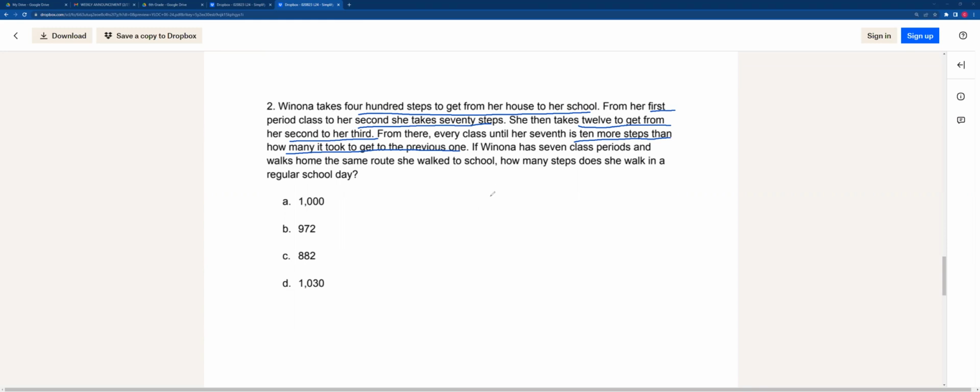So 400, and then first period to her second period 70, and then she takes 20 to her third. And it's 10 more steps than the previous one. So if it's 20 from second to third, third to fourth would be 30, fourth to fifth would be 40, fifth to sixth would be 50, and then 6 to 7 would be 60 because you're adding 10 each.